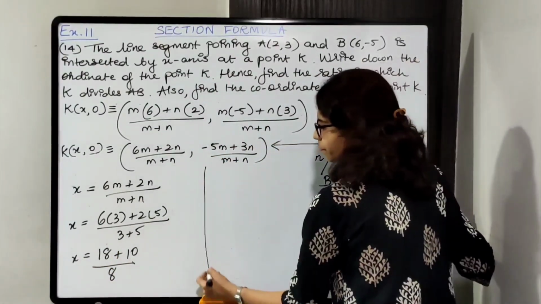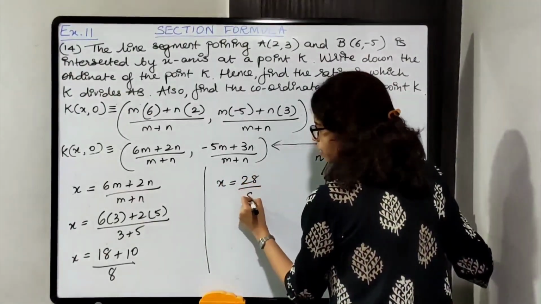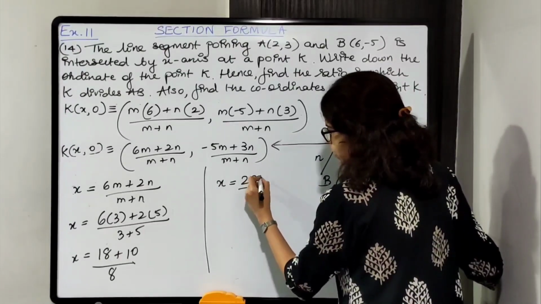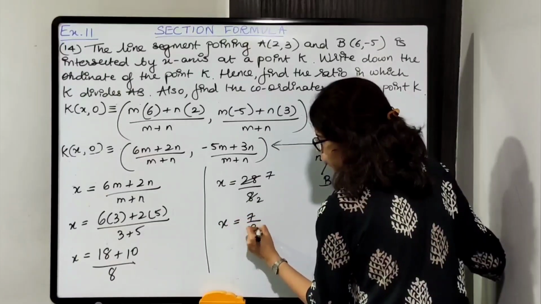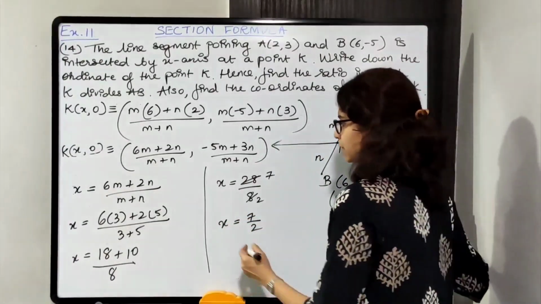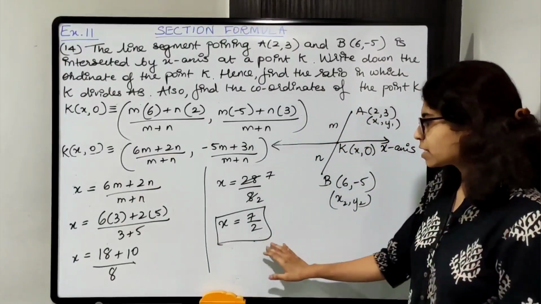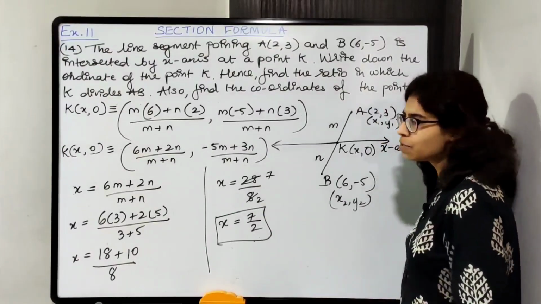So 28 upon 8. So that will give you 4 2s are 8, 4 7s are 28, 7 upon 2, that is 3.5 in decimals we are getting. So box this. We found the x coordinate of k, it is 7 by 2. Keep it as it is only, decimal mat find out karo.